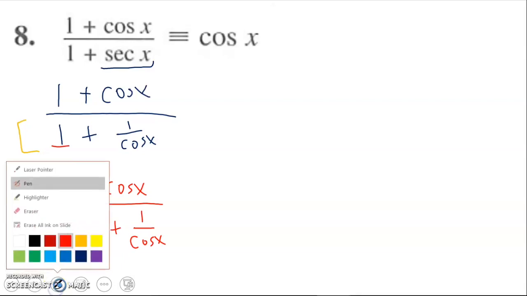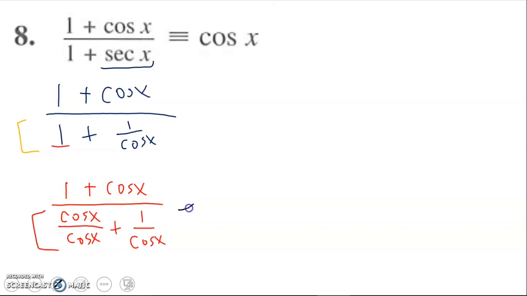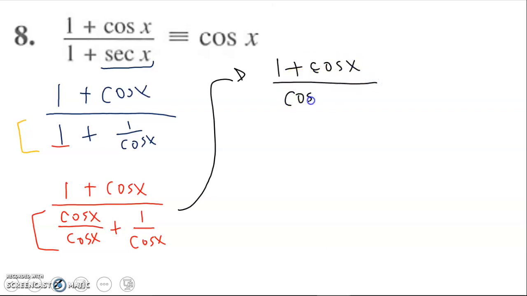So again, I have 1 plus cos x up top, and I have cos x plus 1 all over cos x. We're getting somewhere, little by little.